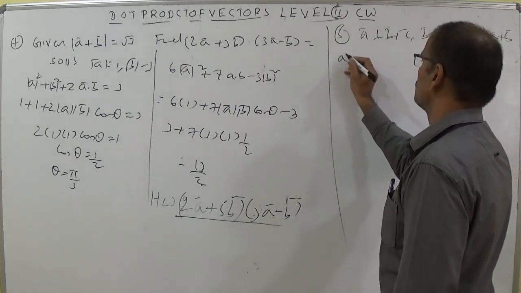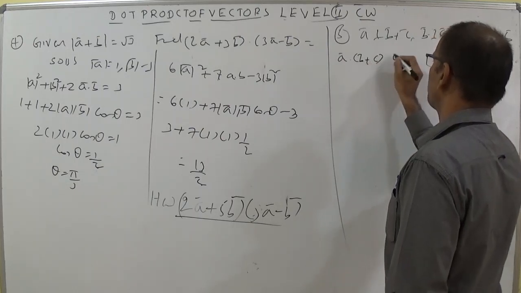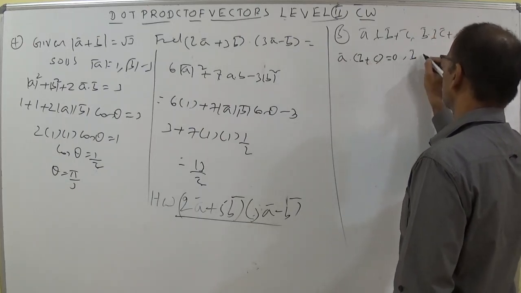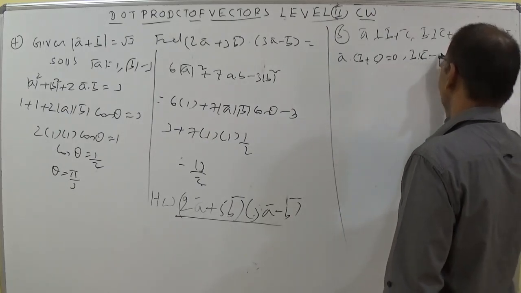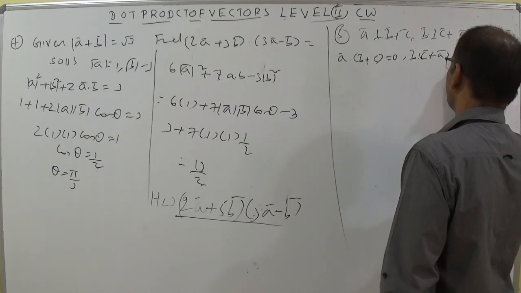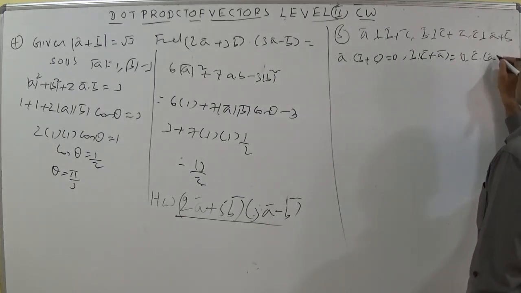It's okay. You can understand that here, whenever two vectors are perpendicular, then their dot product is 0. So you can write here A bar dot B bar plus C bar equal to 0 and B bar dot C bar plus A bar equal to 0. Here C bar dot A bar plus B bar equal to 0.